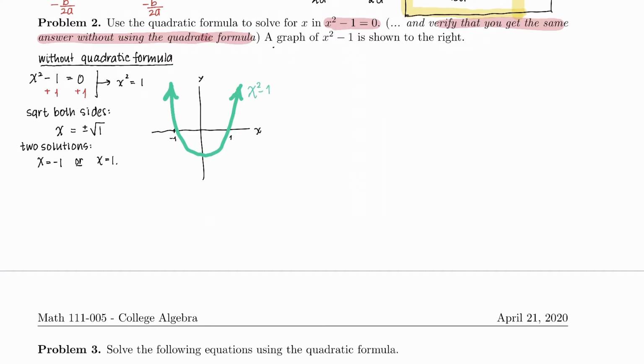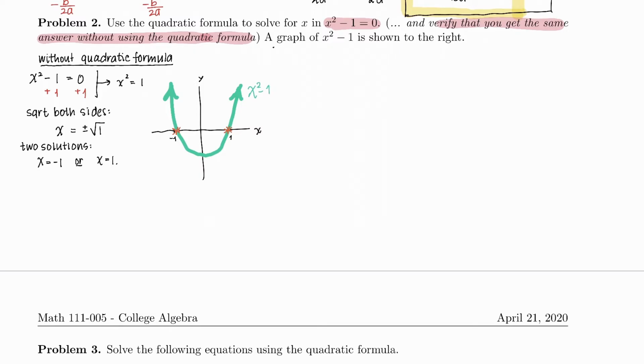Very exciting. This is sort of nice because we can clearly see where the graph of x squared minus 1 crosses the x-axis, gives us the 2 solutions.